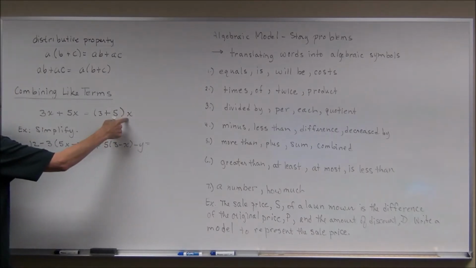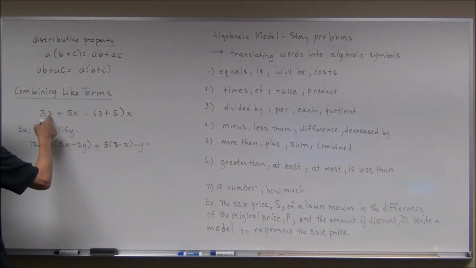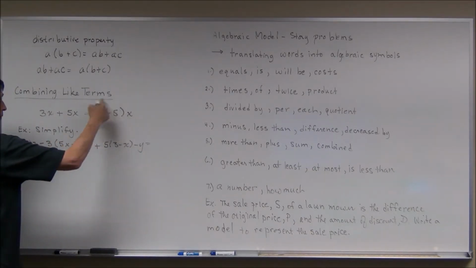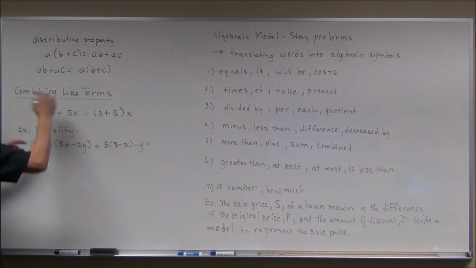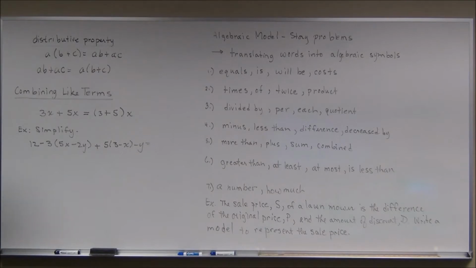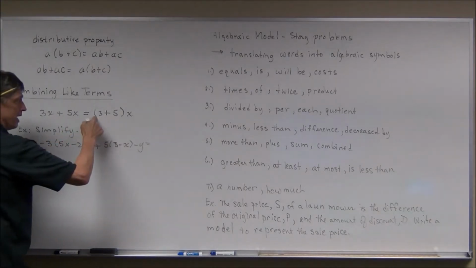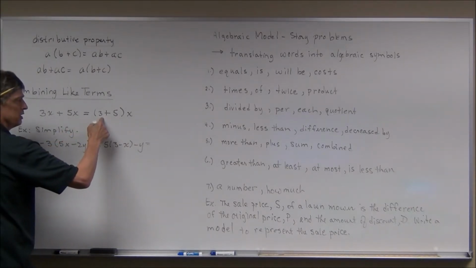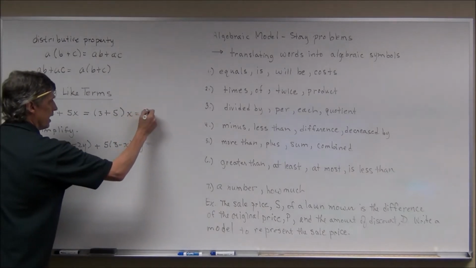Now I put the x on the right-hand side because traditionally it's used on the right-hand side, and we would distribute this way as well, or we could flip it around using the commutative property and then distribute more traditionally. But we can add now the coefficients of 3 and 5, and we get 8x.